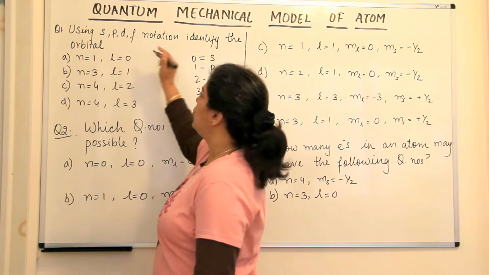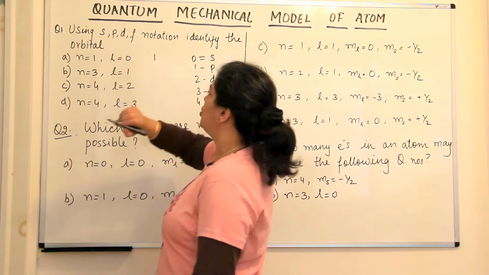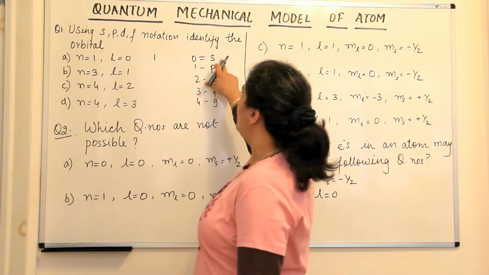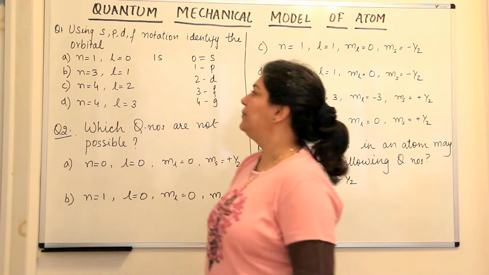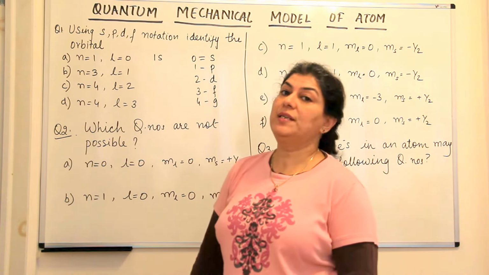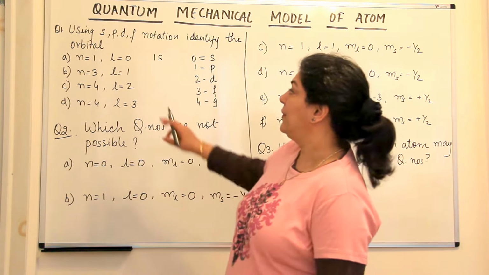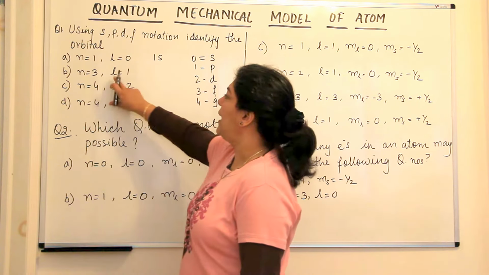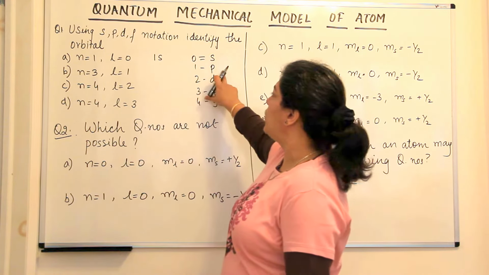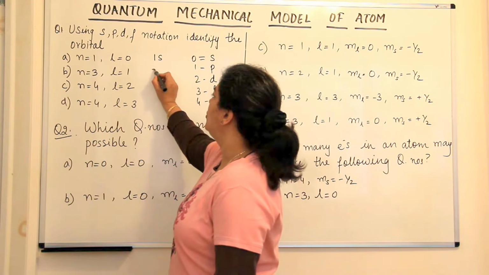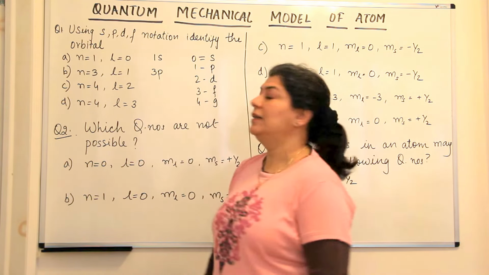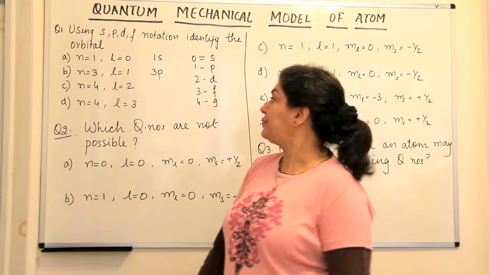So N is equal to 1 means it is the first shell and L is equal to 0. It means it's the s subshell of the first shell. So the orbital is a 1s orbital. N is equal to 3 and L is equal to 1. L is 1 means it's a p orbital and it's the third shell. So 3p would be the name of the orbital.